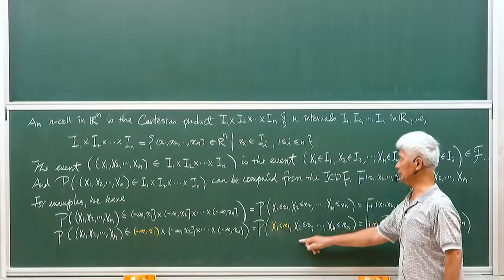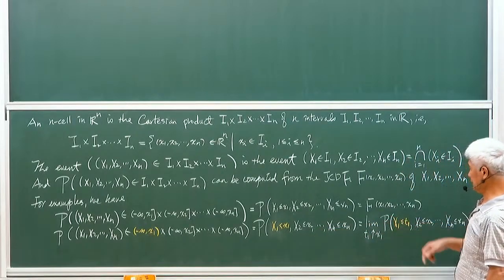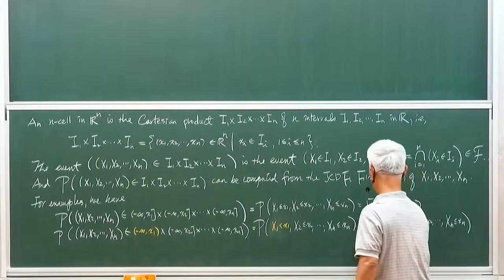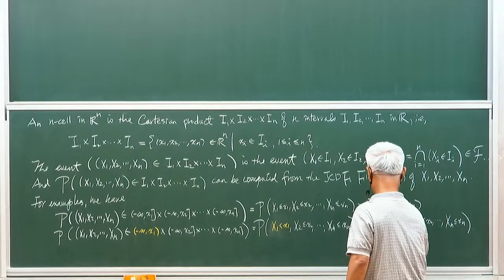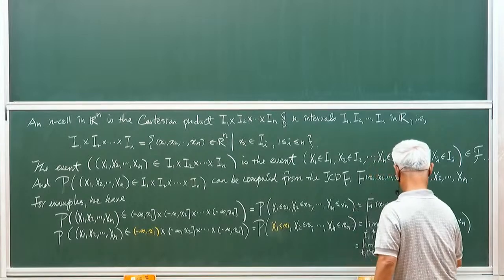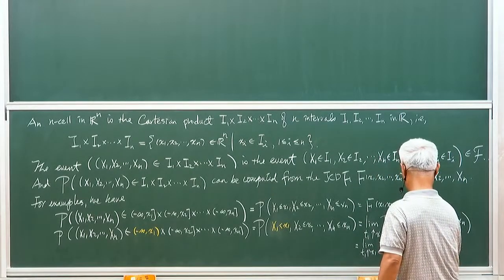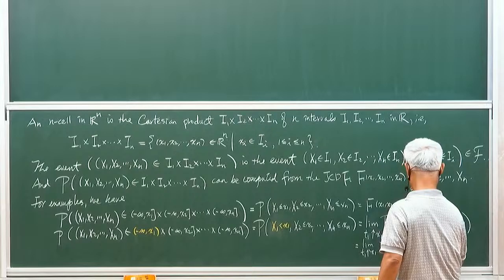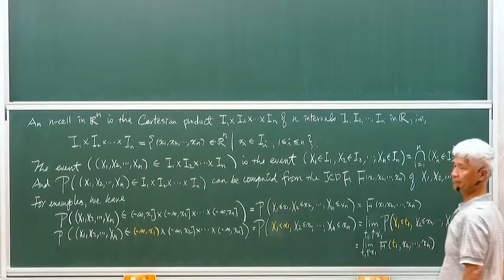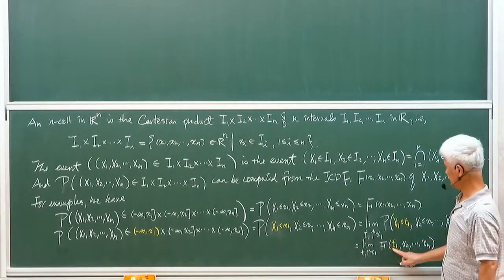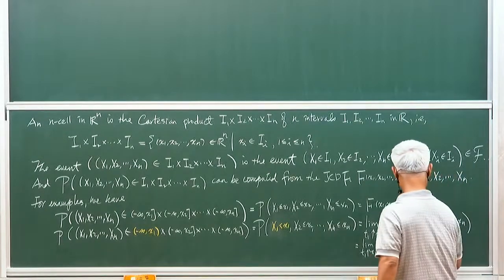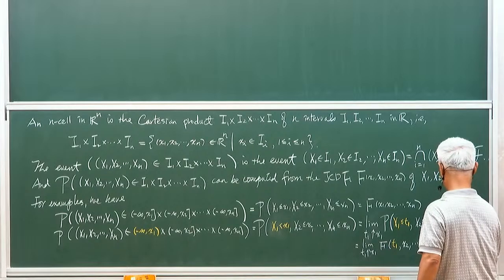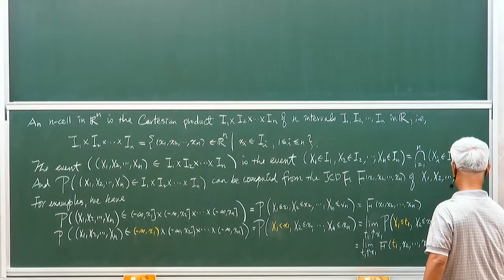By the continuity of the probability function P, this is the limit as t1 goes up to x1 of F(t1, x2, up to xn). So t1 approaches x1 from the left, and this is equal to F(x1 minus, x2, up to xn).